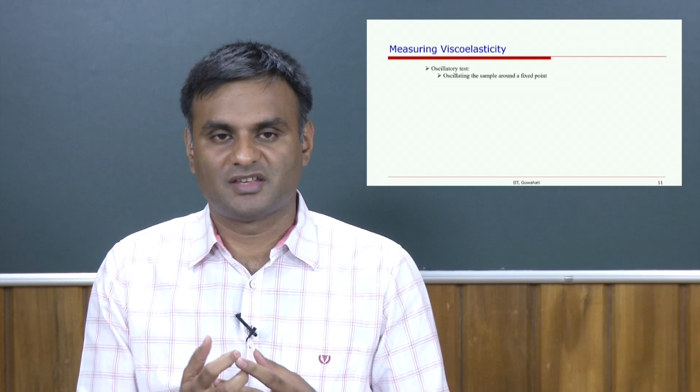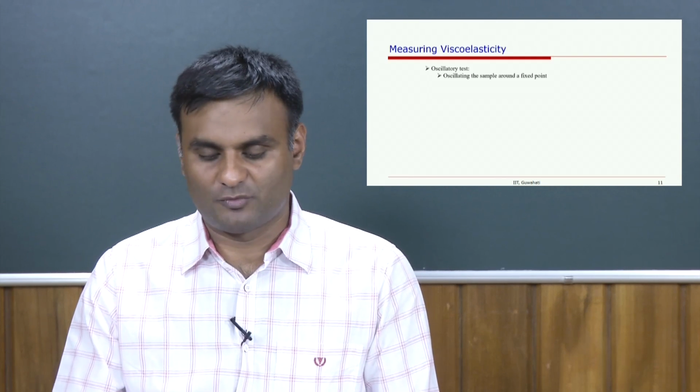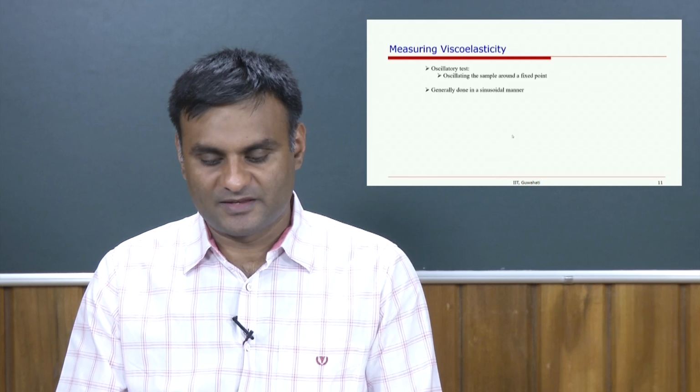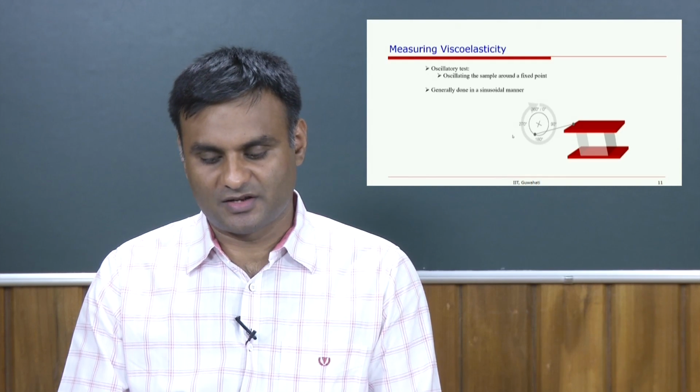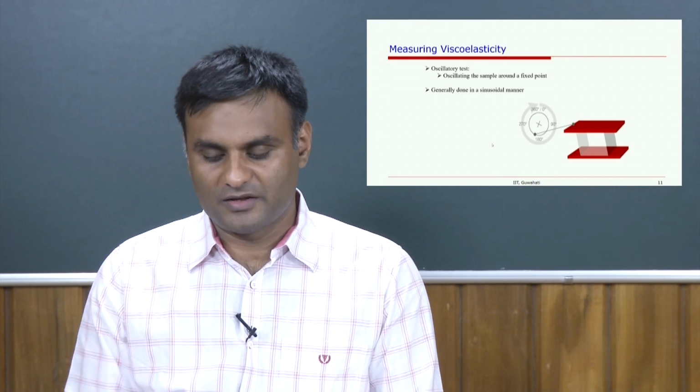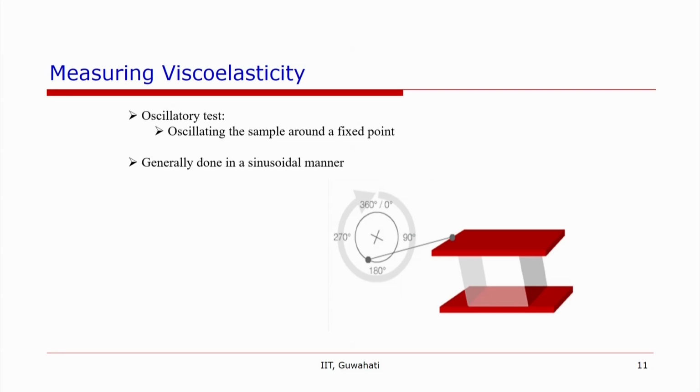In such a case the oscillatory behavior of the fluid can be studied. Generally this is done in a sinusoidal manner, and if it is flow between two parallel plates, the plate can be oscillated in two different directions about a steady position.